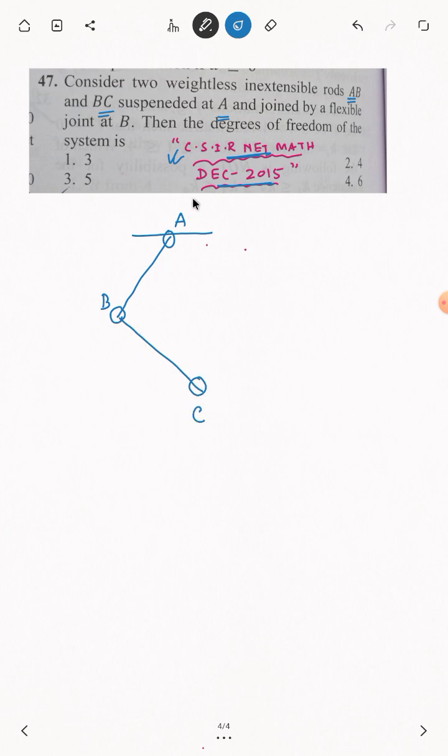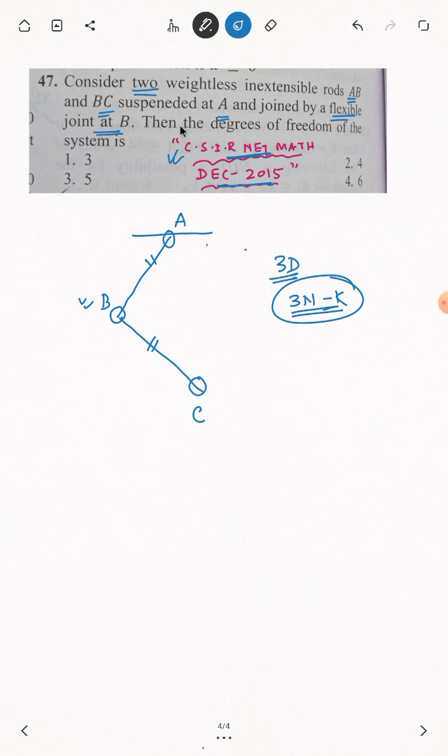This is the system, and since it is hanging in 3D space, we have to keep in mind the 3n minus k formula. This is the formula. The two rods are joined by a flexible joint at B, so two constraints are obviously there.